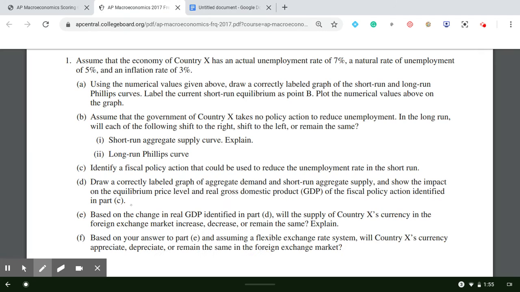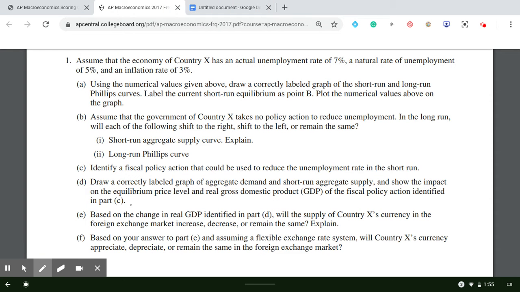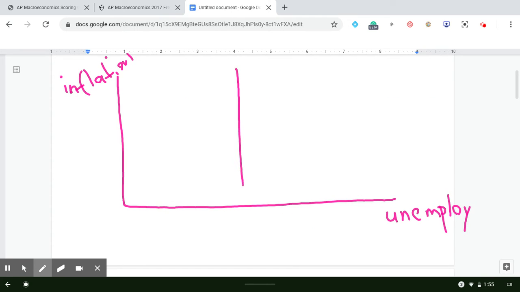I like to start with the long run Phillips curve here with our natural rate of unemployment first, 5%.